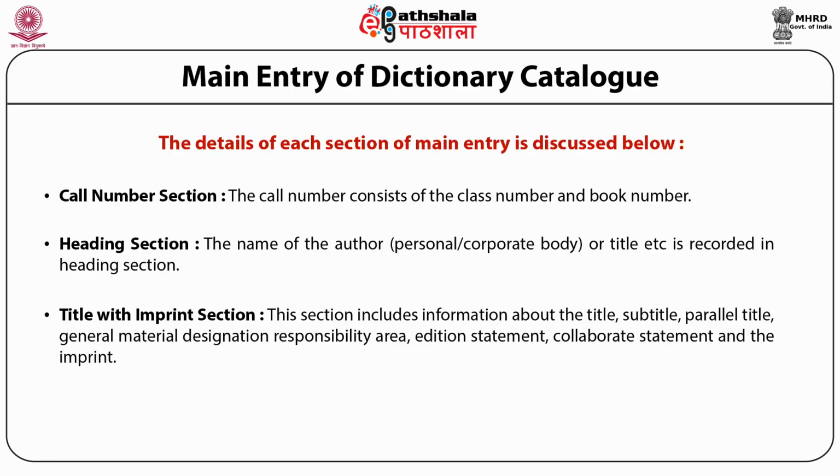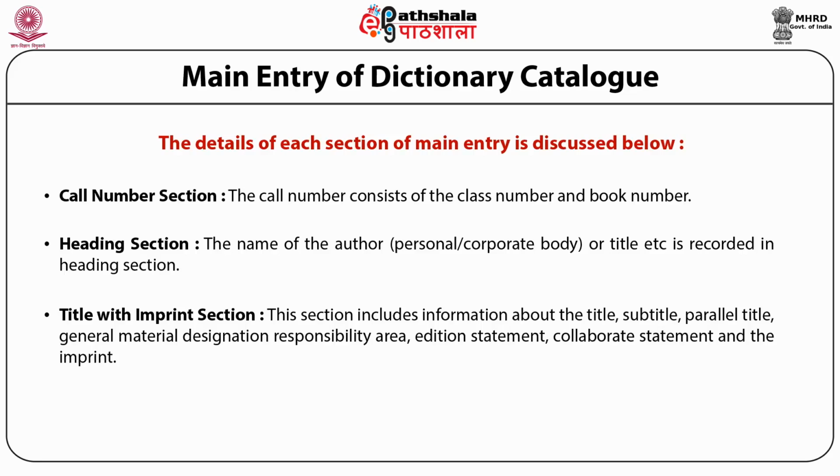The subtitle is to be recorded after the punctuation colon. General material designation is generally not recorded for monographs. The statement of responsibility should be preceded by a diagonal slash. Edition area has to be preceded by the punctuation full stop, space, dash and space. It is recorded after the statement of responsibility.